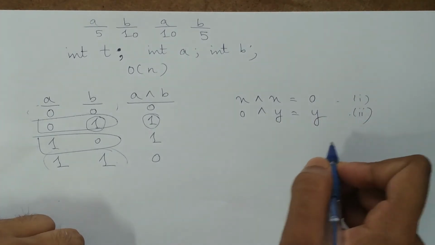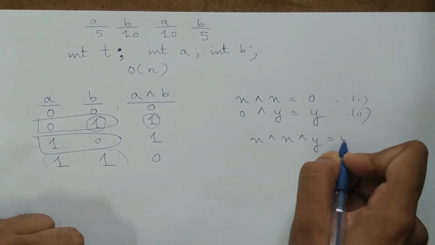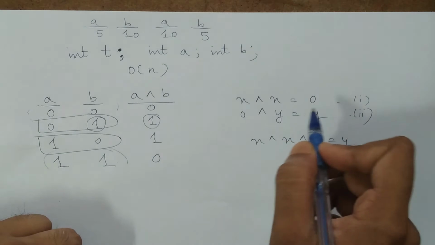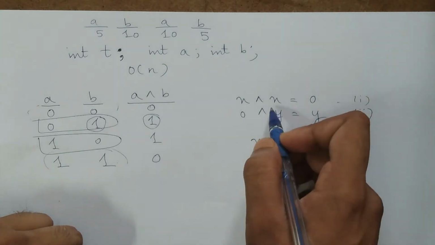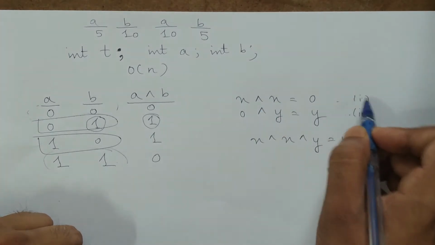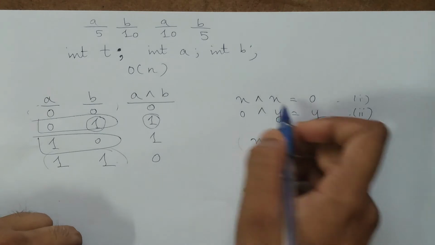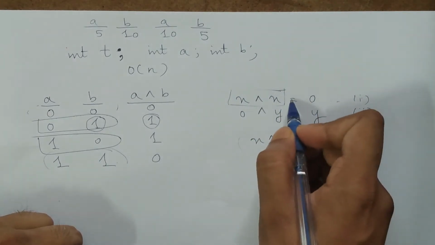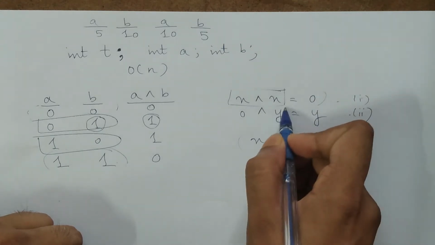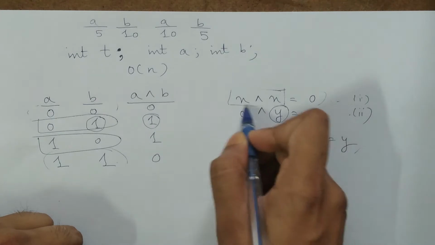We can write this equation as X XOR Y equals Y. If we combine these two equations, that is, if we XOR equation 1 with equation 2, we get this equation. What are we seeing here? Whenever elements are present an even number of times, they cancel each other to give 0, and the element present an odd number of times is given as the output when XORed with 0.